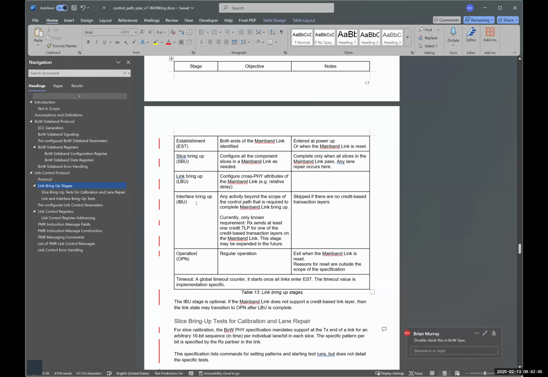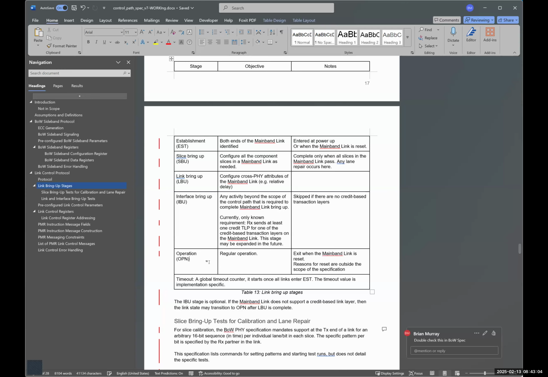You go from IBU to operational, but currently link ready is in the quote unquote general, I guess, which can be in any state. So is the idea you could skip directly to operational?